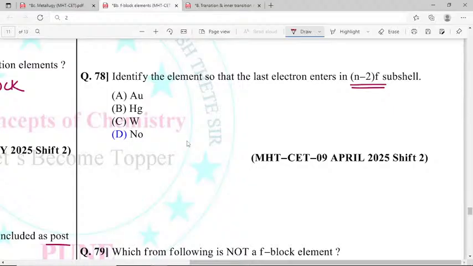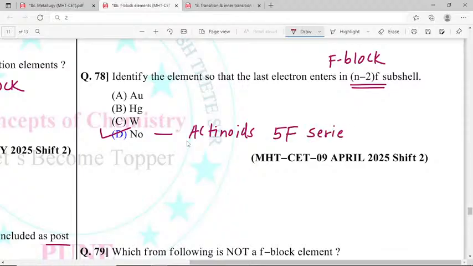It is called an F block element. So nobelium is the answer. Nobelium is an actinoid. It has a 5f series.